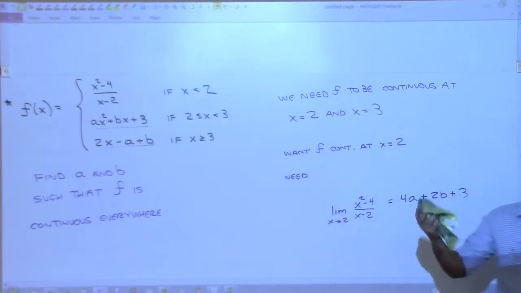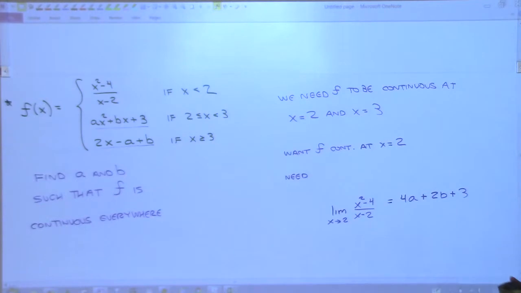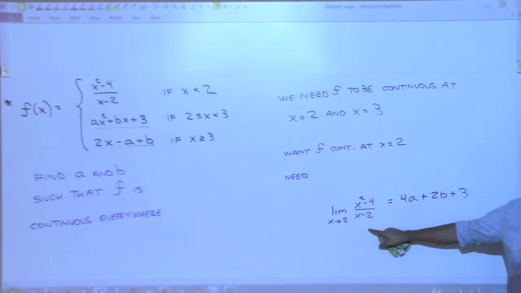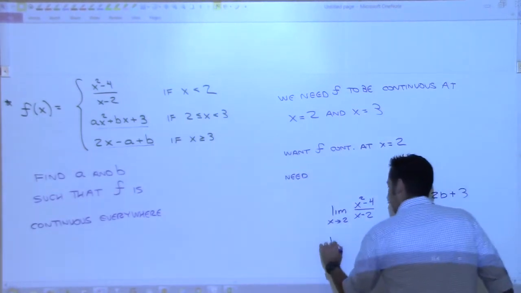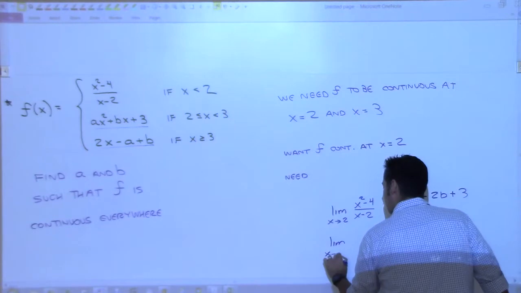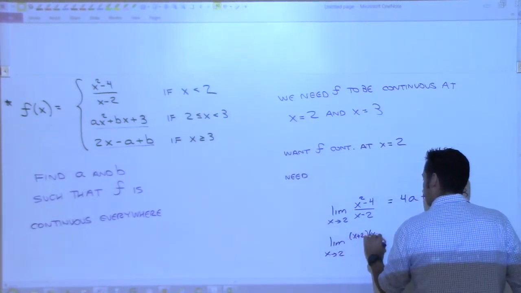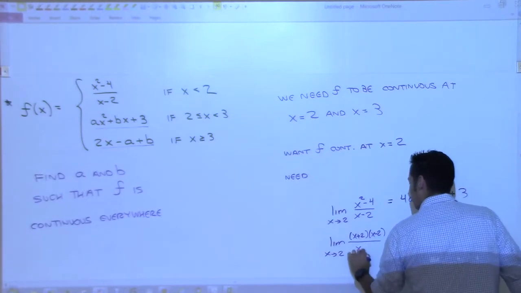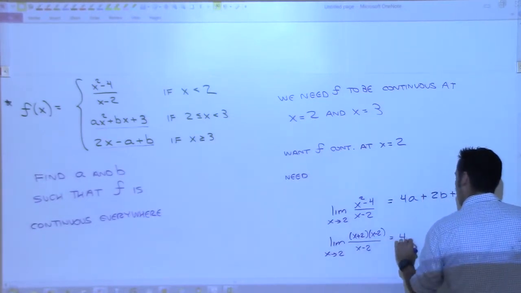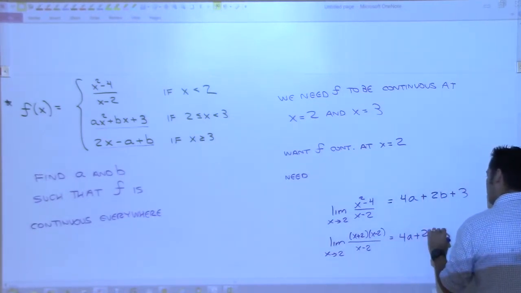0 over 0 is bad, right? And what do we do when we see 0 over 0? Some sort of algebra, right? So we actually have to do this limit now. We're going to do a factoring on the top, difference of squares. Limit as x approaches 2, factor the top, x plus 2 times x minus 2 over x minus 2 equals 4a plus 2b plus 3.